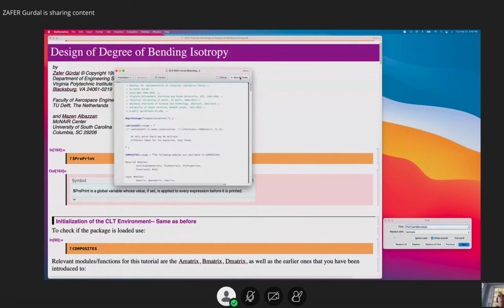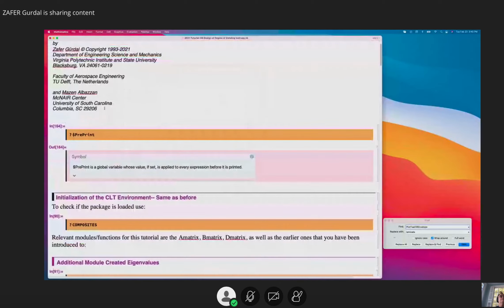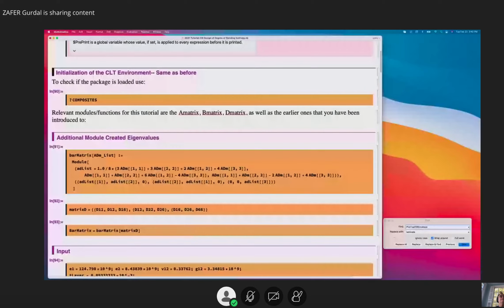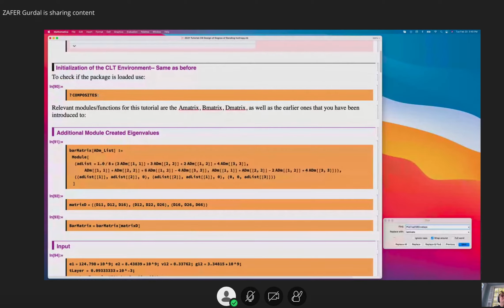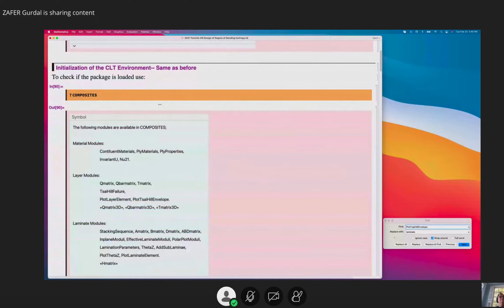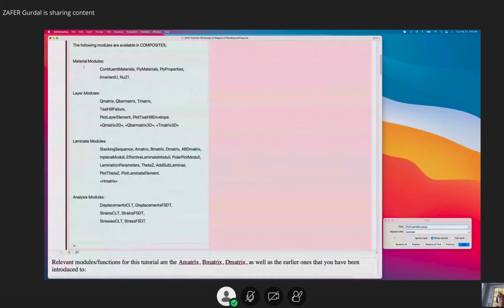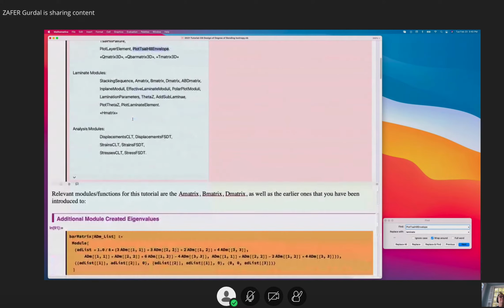This is run code. All right, and let's see if any function is available. Yes. Tsai-Hill failure is there, but plot Tsai-Hill failure is not working yet.